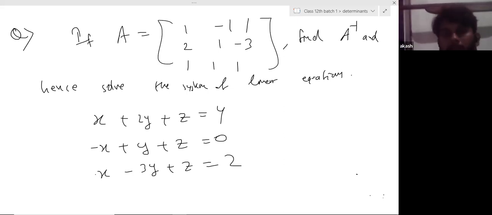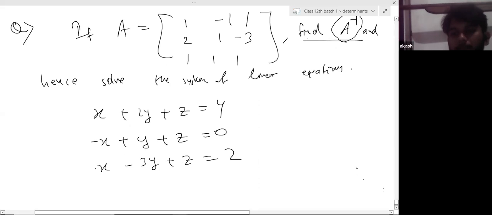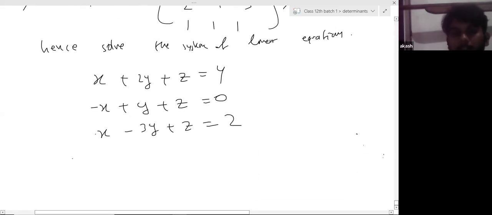So you can imagine this is a very long question, right? It feels like a very long question, but this is just a gimmick. They are asking you to find A inverse. Then they are asking you to use this to solve this system of linear equations. So there must be some way to use this information. How to use that information? Let's write this matrix.